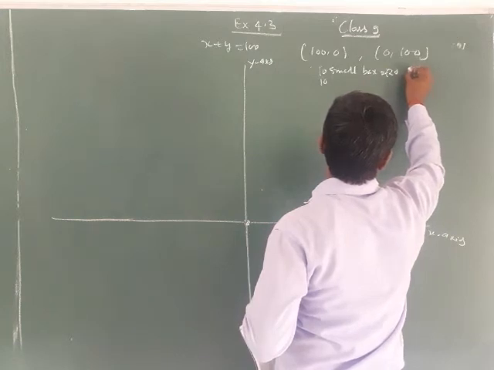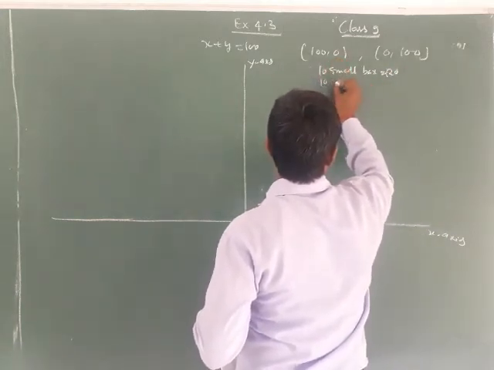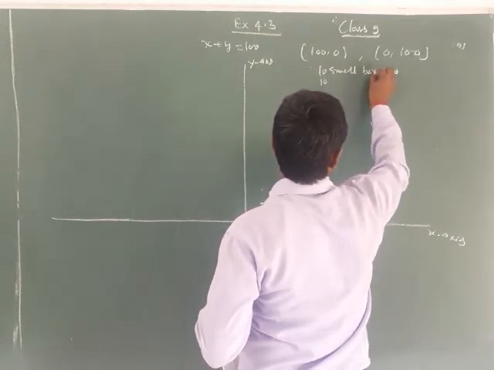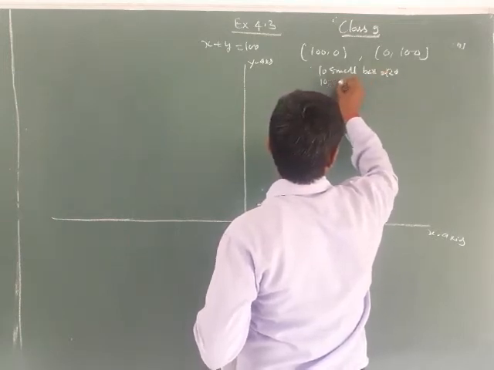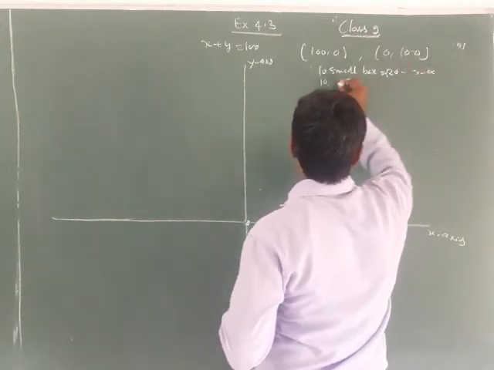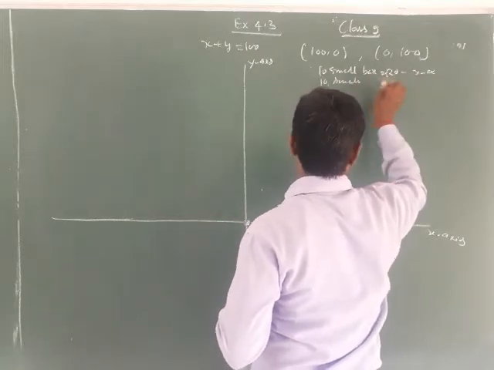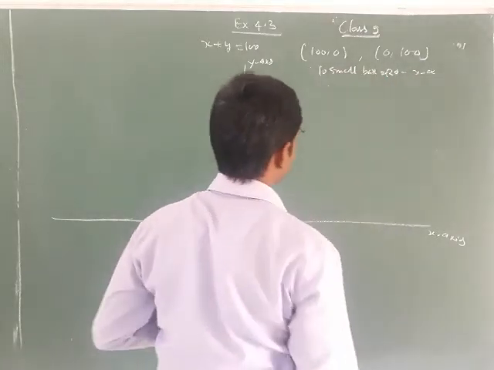On the x-axis take 10 small boxes, and 10 small boxes on the y-axis. So these are set.